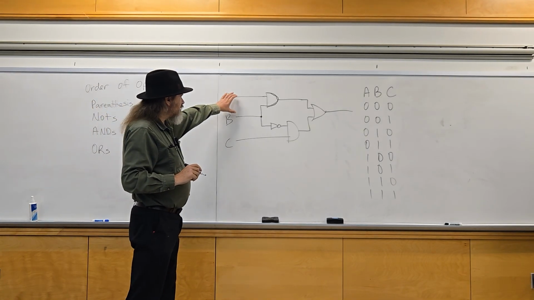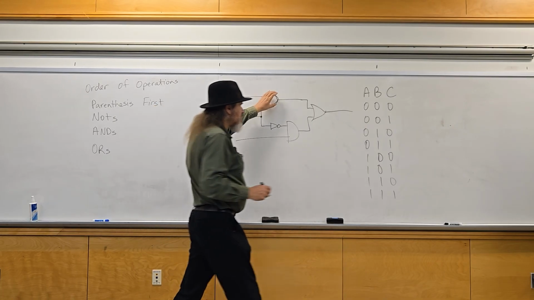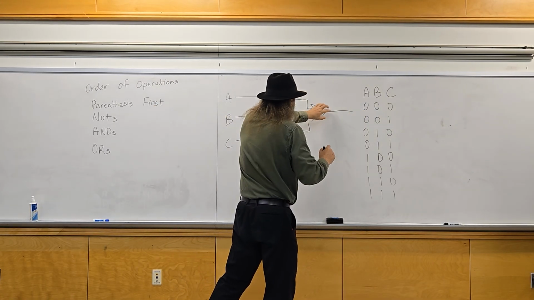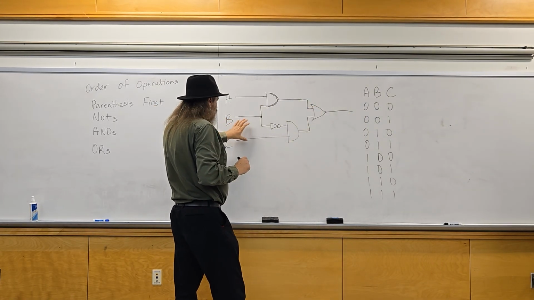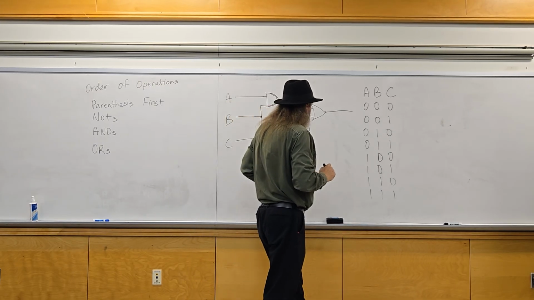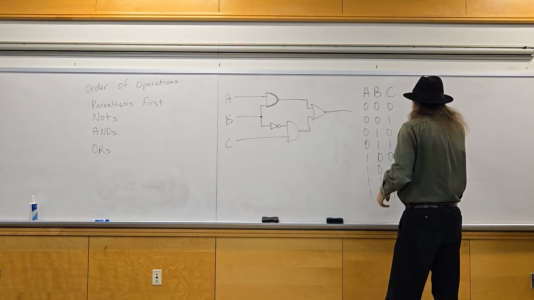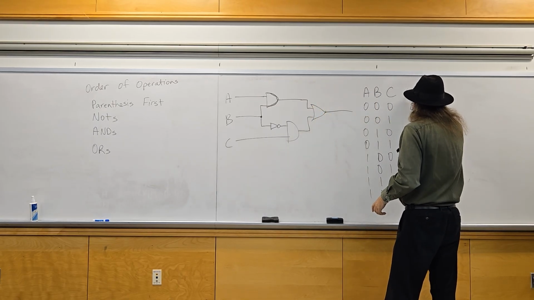So A ANDed with B, with 0, 0 would be 0. B naught ANDed with C would be 0 as well. Both of those being 0 for the OR gate would lead to a 0 on the out.